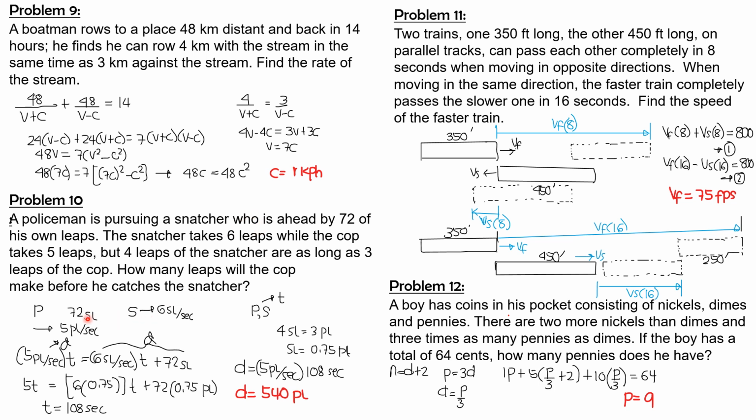So this is the situation. This is the policeman. This is the snatcher who is ahead by 72 snatcher leaps as stated here.